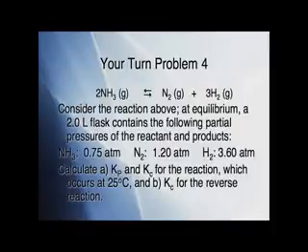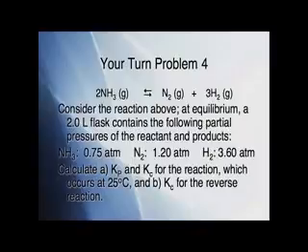Here we have ammonia gas decomposing into nitrogen gas and hydrogen gas, and this is an equilibrium reaction. So at equilibrium, a 2-liter flask contains the following partial pressures of reactants and products. We have 0.75 atmospheres of ammonia gas, which is NH3, 1.20 atmospheres of nitrogen gas, N2, and 3.60 atmospheres of H2.